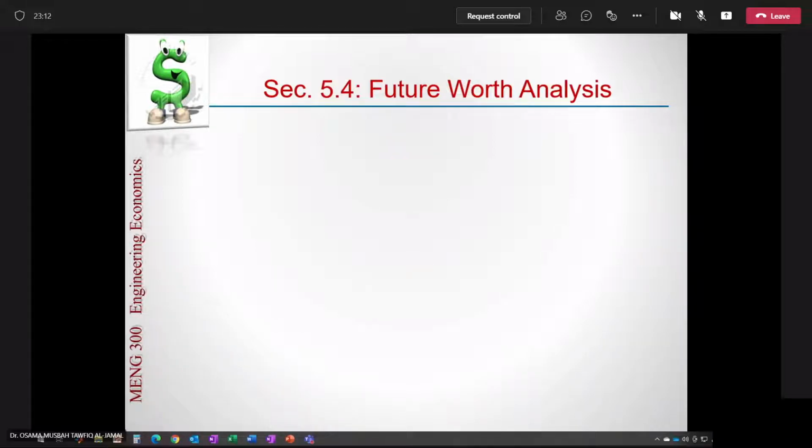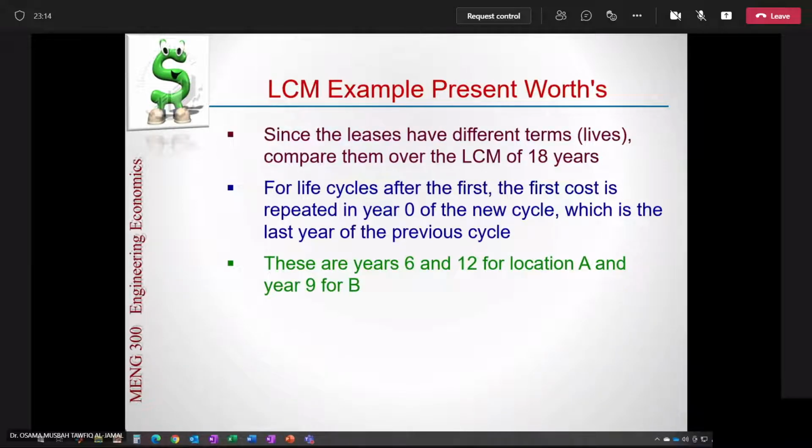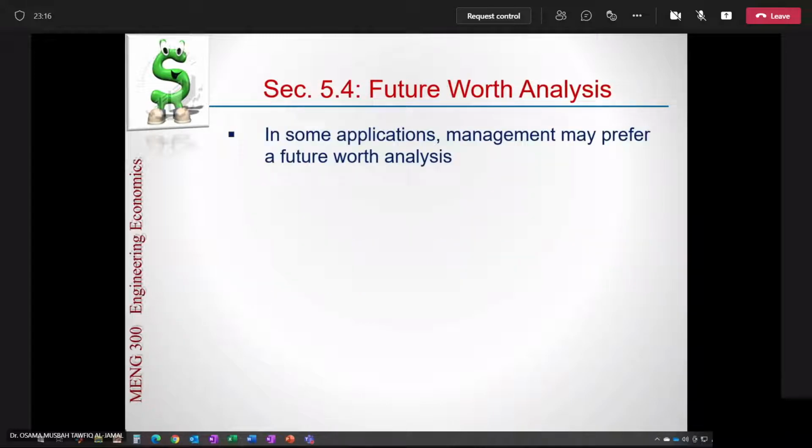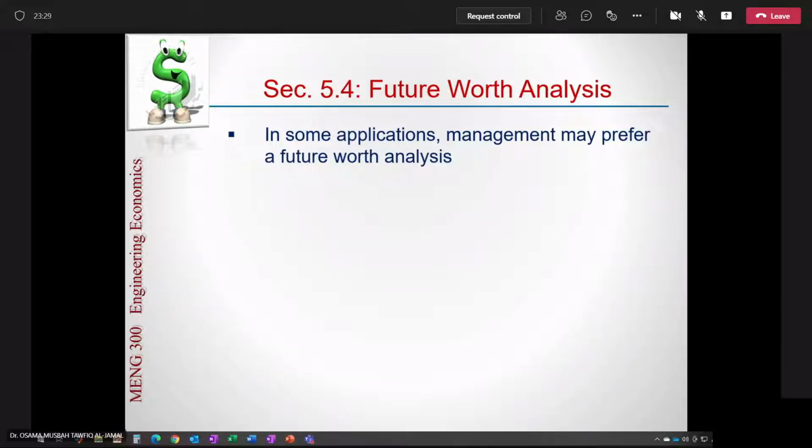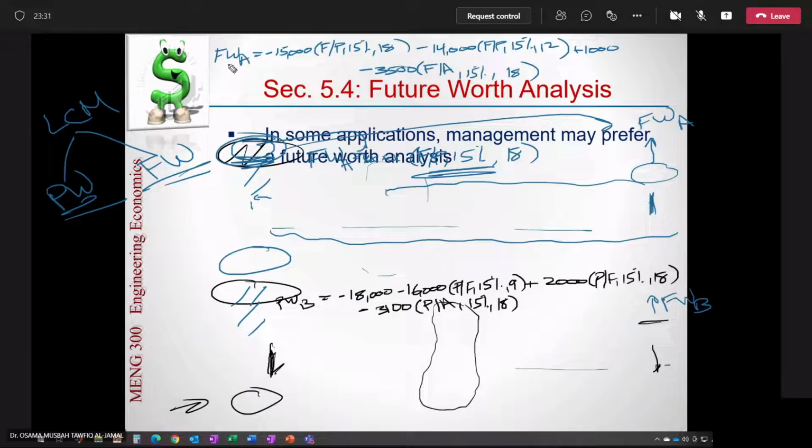Let's see another example for F, that was for LCM. In some applications, management may prefer a future worth analysis. The analysis is straightforward, exactly like what we did here. There is no difference between it and present worth, just the formatting of that standard notation.